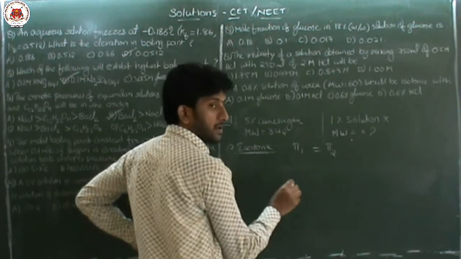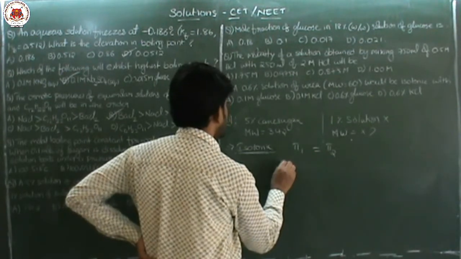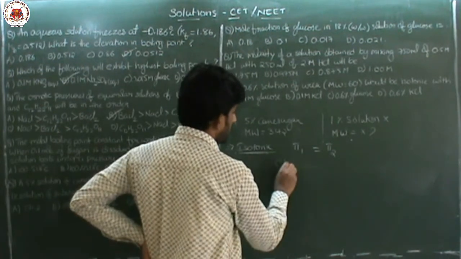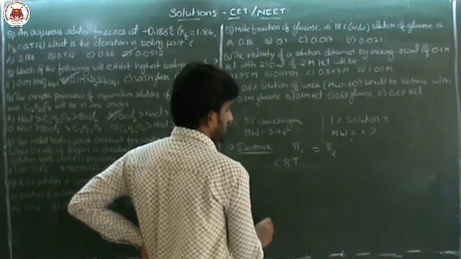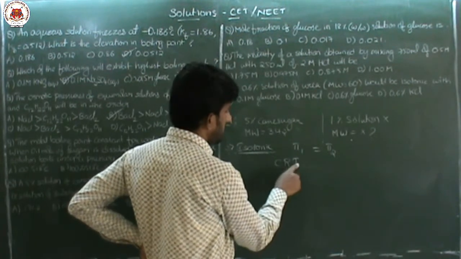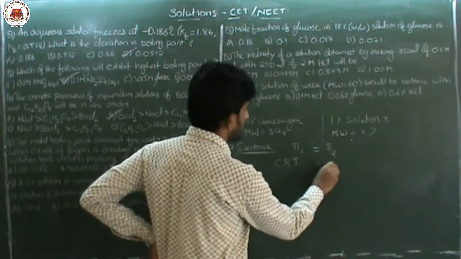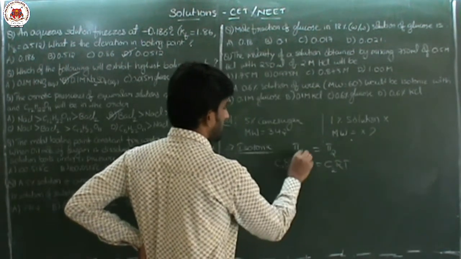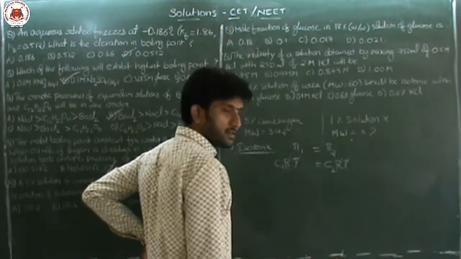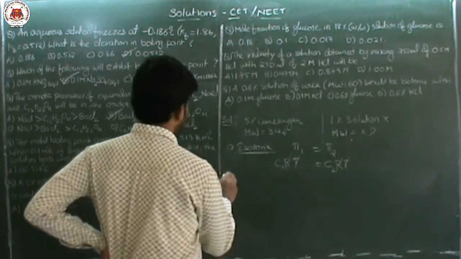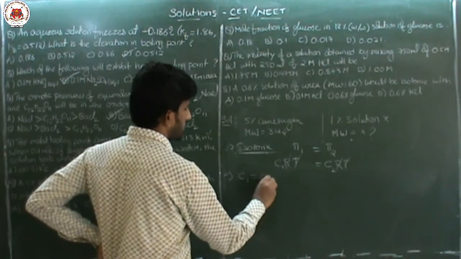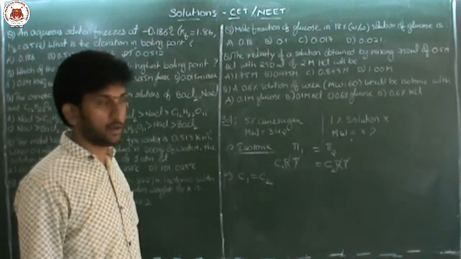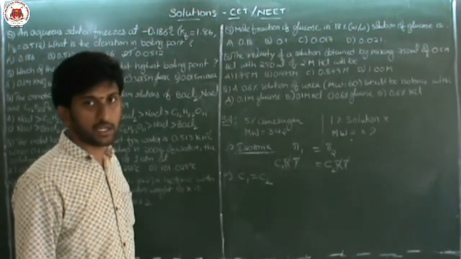Pi is equal to CRT, where C is concentration. R is a constant, and T is also the same temperature, so it is also constant. So R and T can be cancelled, and we can write C1 is equal to C2: the concentration of the first solution is equal to the concentration of the second solution at isotonic condition.